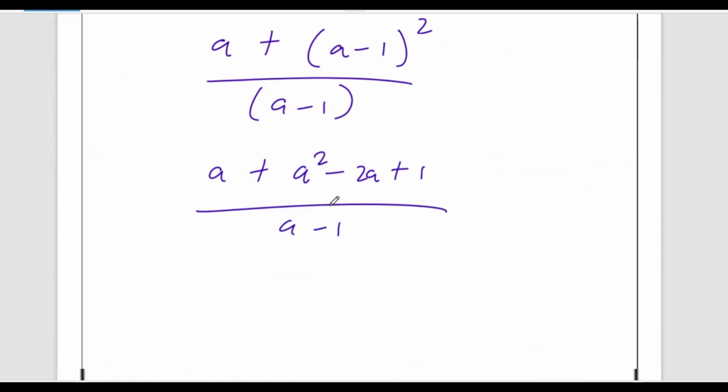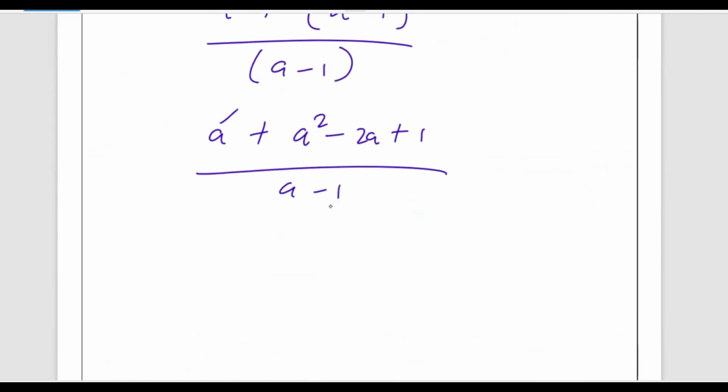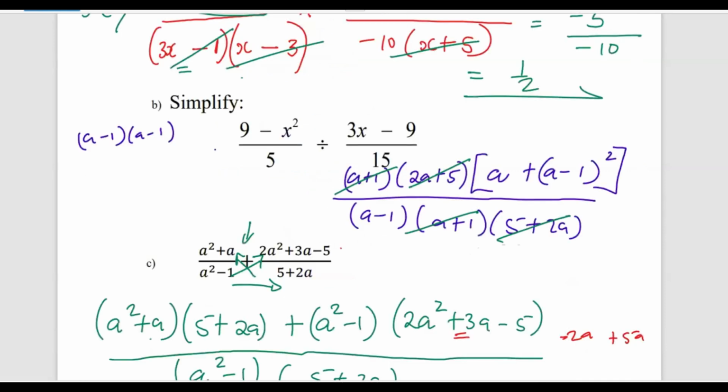This and that give me just a minus a, so it's a squared minus a plus 1 over a minus 1. Can I simplify this further? No, I can't. So this is just our answer.